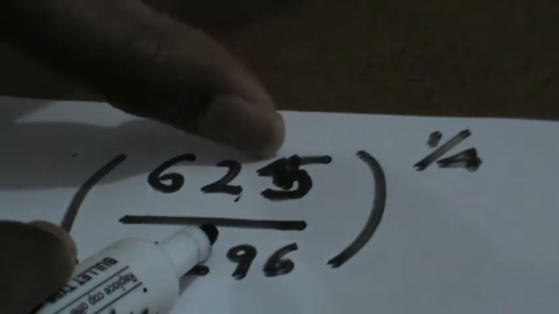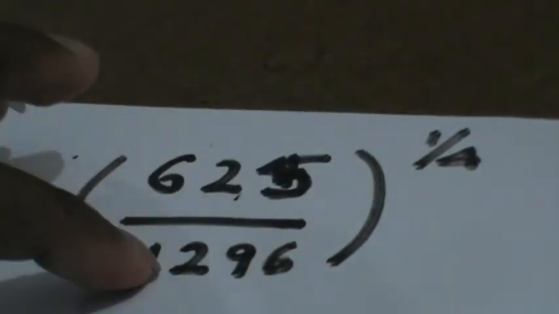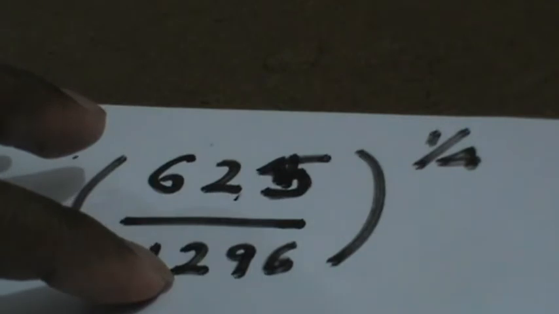Either you can make this one a power of 4 and this one another power of 4, right? Or power of 4. So actually, if you're solving this, you don't need to make this one exactly a power of 4. And if you make this a power of 4, you don't need to arrange this one as also a power of 4.